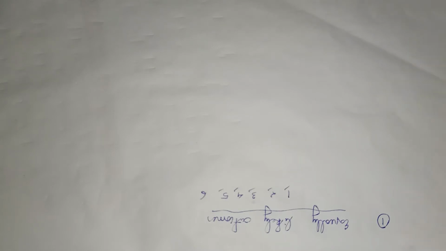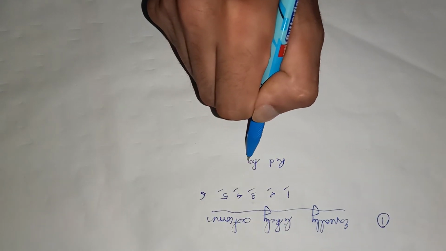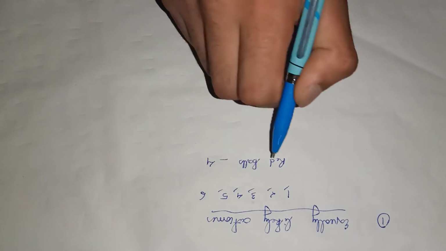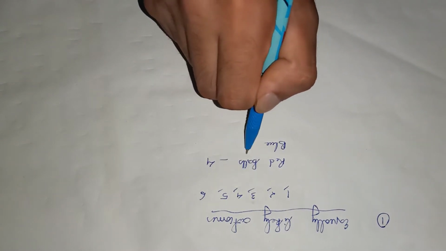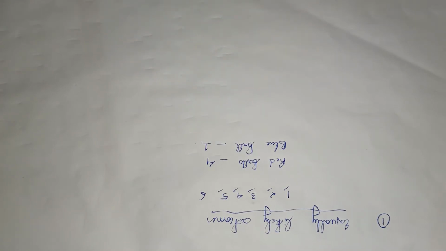Suppose a bag contains 4 red balls and 1 blue ball. So the number of blue balls is only 1. And suppose we draw a ball without looking into the bag. What are the outcomes? Are the outcomes a red ball and a blue ball equally likely?